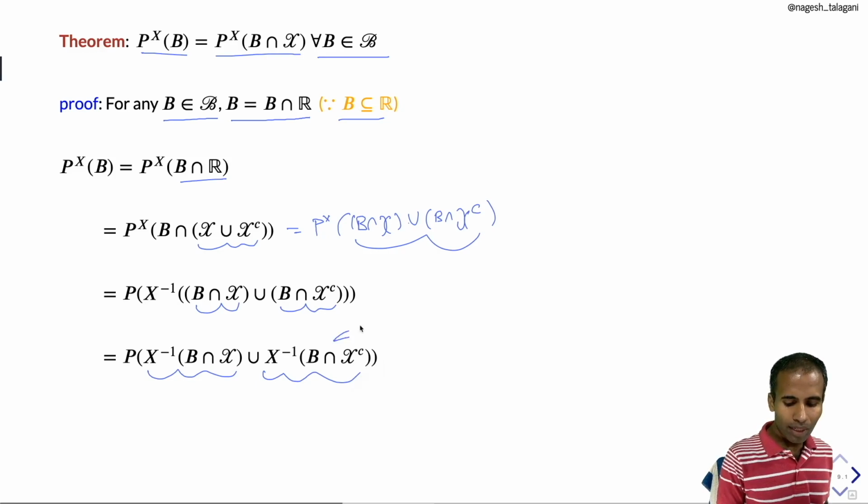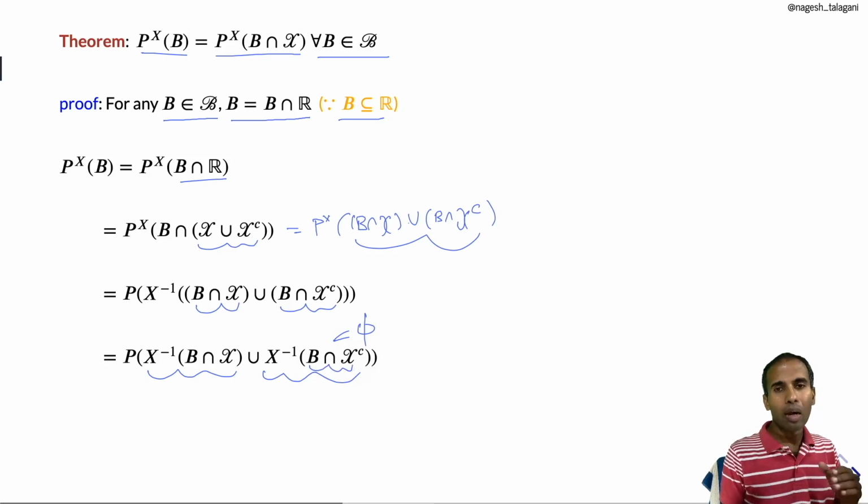Now this second part is going to be empty because B intersection script X complement is part of the outside of the range of X. No outcome goes outside the range of X, so the inverse image of any part of the outside range will be empty.